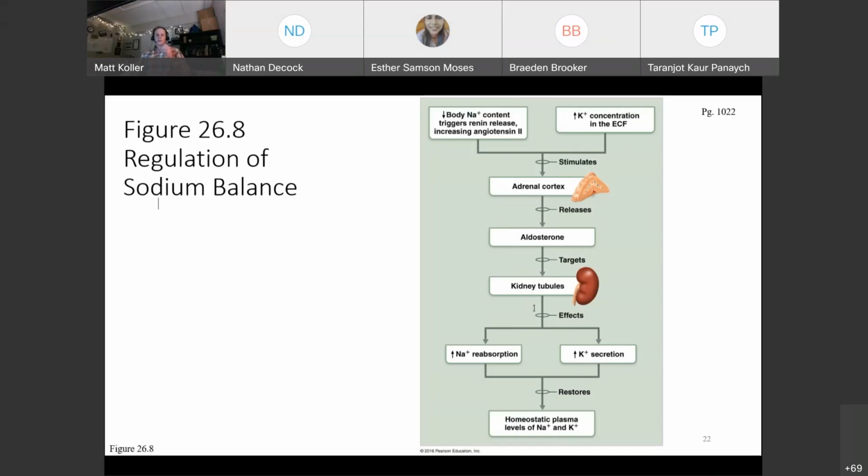So regardless of aldosterone, like regardless of whether you have it there or not, 65% of sodium is reabsorbed and 25% is reclaimed. So you have these different components of the kidneys. And we're not going into the microanatomy of the kidneys, but 65% is absorbed in the proximal tubules, 25% is reclaimed in the nephron loops.